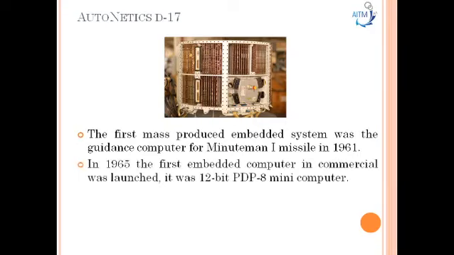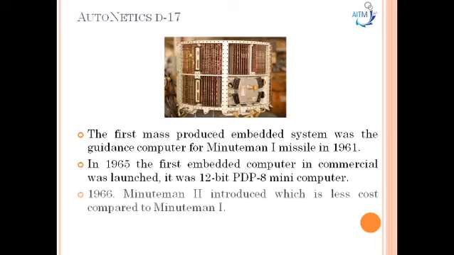Then in the year 1965, the first commercial embedded system was launched. It was a 12-bit PDP-8 minicomputer. Consequently, in the year 1966, Minuteman II was introduced, which cost less compared to the Minuteman I.